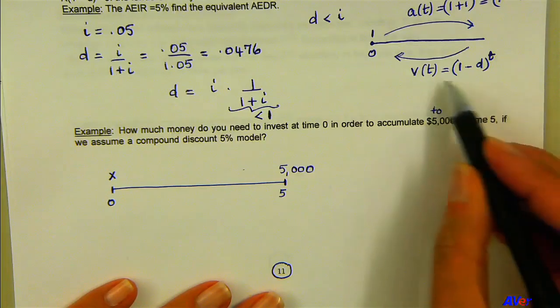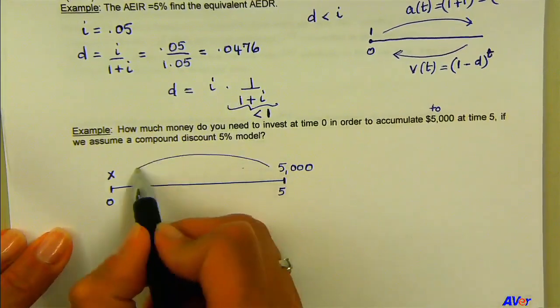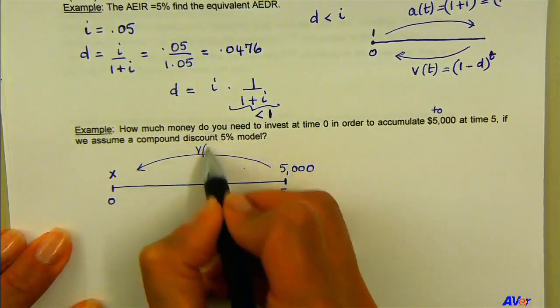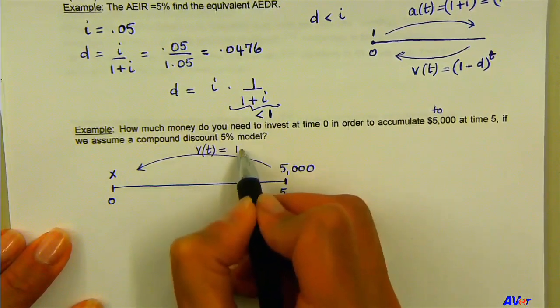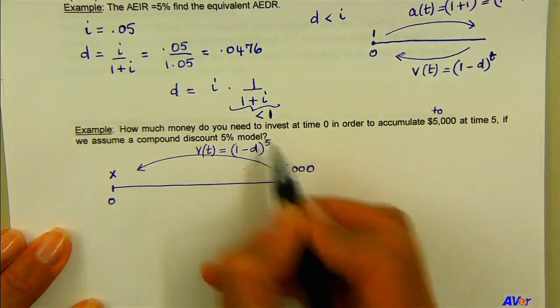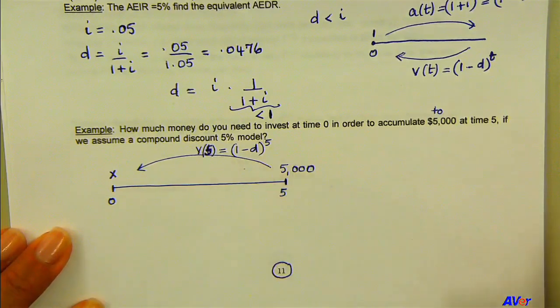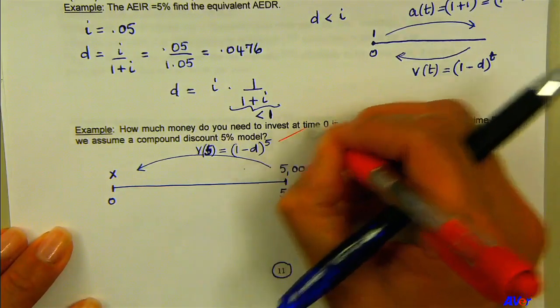So let us use this v of t, because I want to go back, right? I'm applying a v of t here. v of t is equal to (1 minus d) to the t. My t is 5. So v of 5 is equal to (1 minus d) to the 5th power. I'm using this right here.